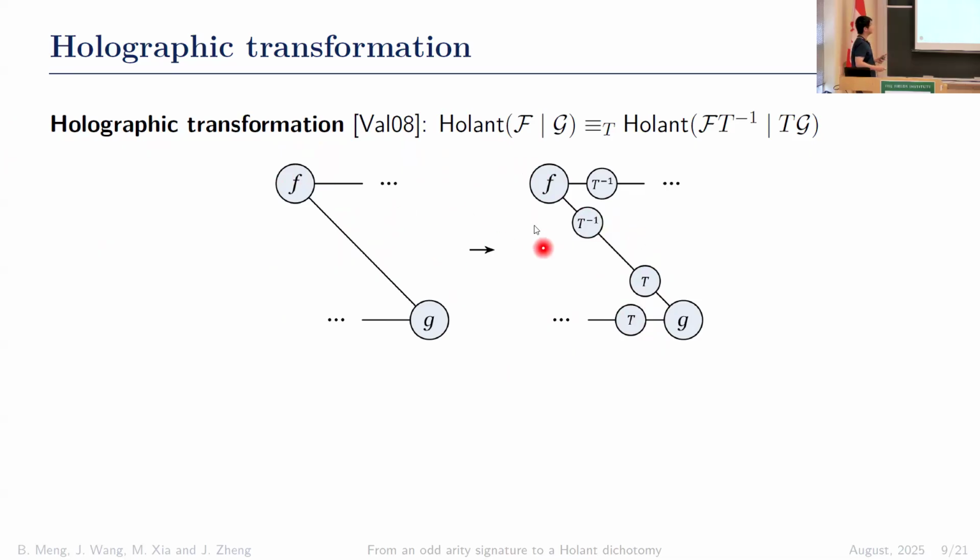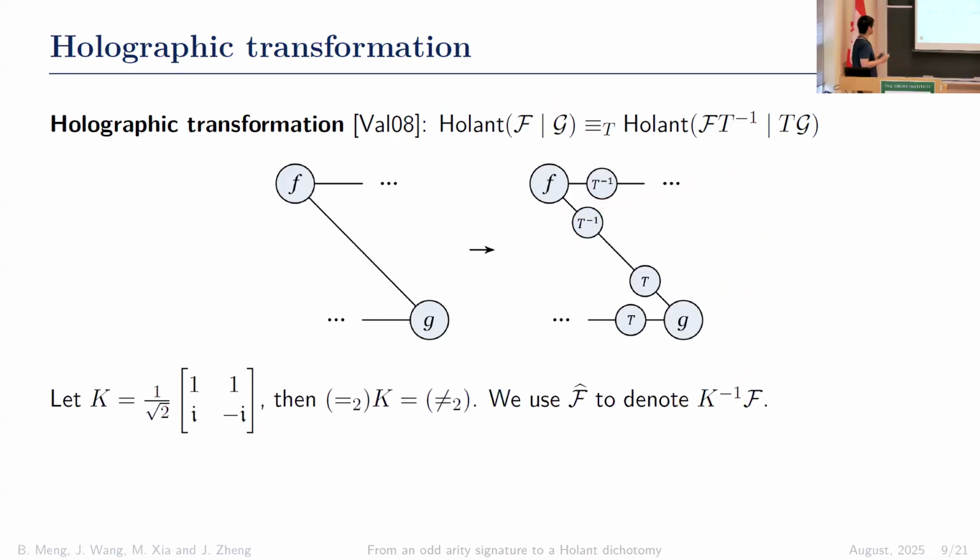But then we contract the T to the signature on the right side and the inverse of T to the left side. Then we get a problem that looks very different from the original problem, and these two problems are still equivalent. For another example, let K be such a matrix, and it can be computed that equality 2 transformed by this matrix will become this equality 2.